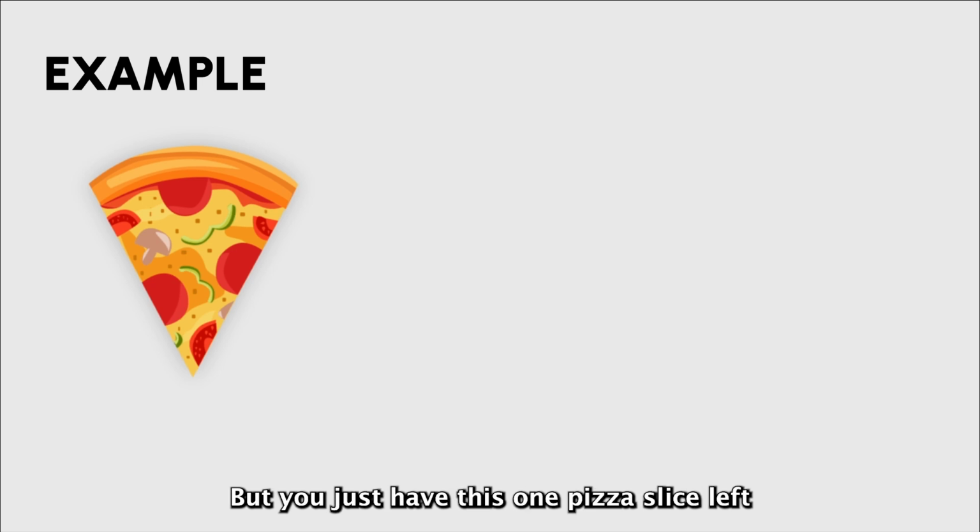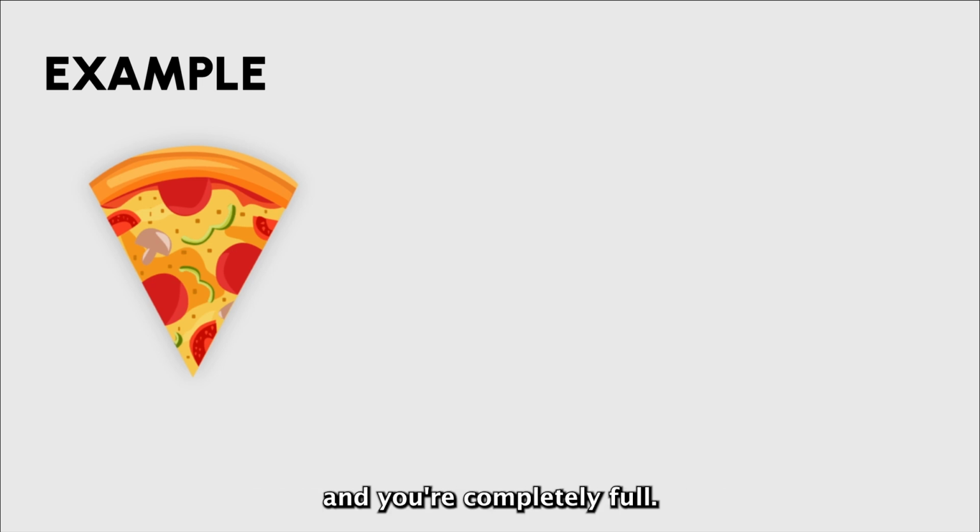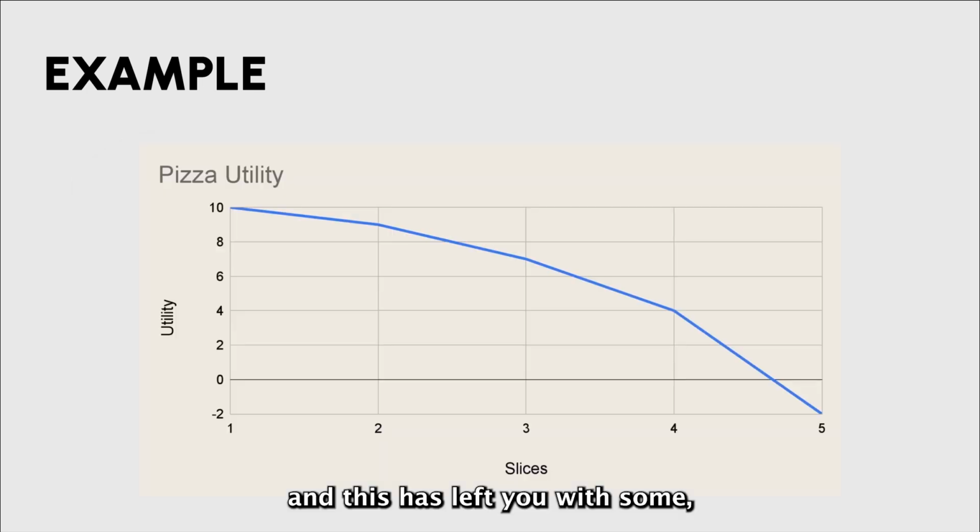But you just have this one pizza slice left, and you're completely full. You do not want to eat it, but you really don't want to waste any food, so you force yourself to eat it. And at this point, you finally finished, and you've scoffed down the pizza, and this has left you with some negative marginal utility.